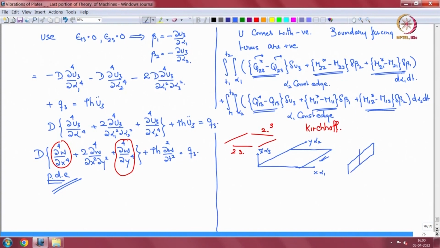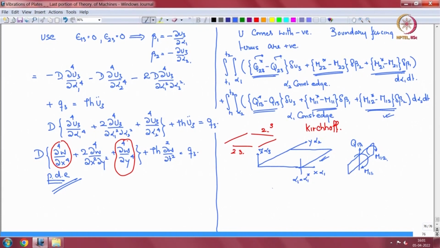There is a Q13 resultant, there is an M11 moment resultant, and there is an M12 shear moment resultant. That is this at an alpha 1 constant edge. Alpha 1 is a constant here, alpha 1 star at that edge.